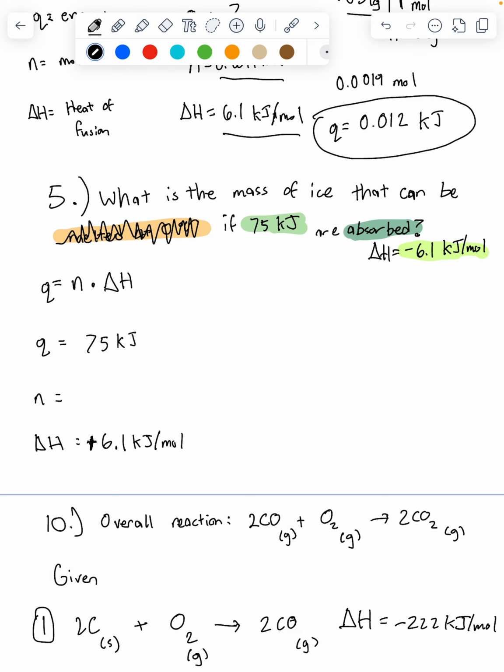So I would prefer if you guys just labeled something as being absorbed rather than positive or negative. So we're going to change that from negative 6.1 to positive 6.1. So this is going to give us N, which is our moles. If we plug this into our equation, 75 is equal to N times 6.1. So we're going to divide by 6.1.